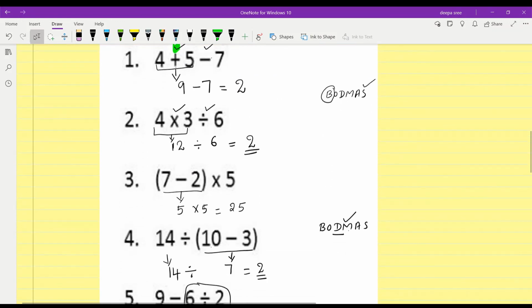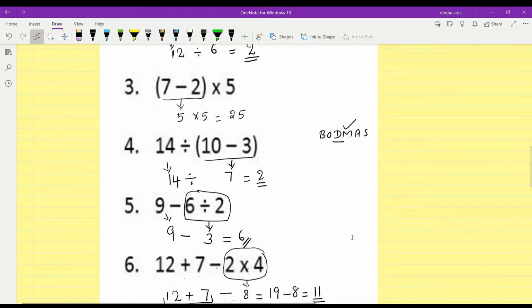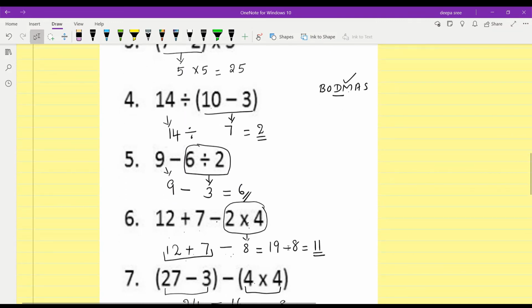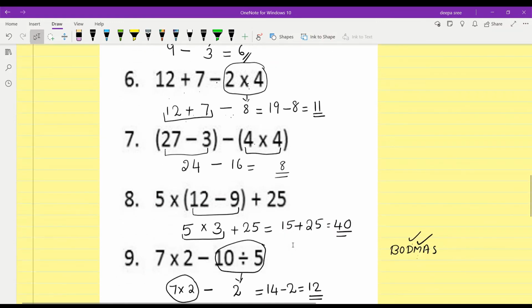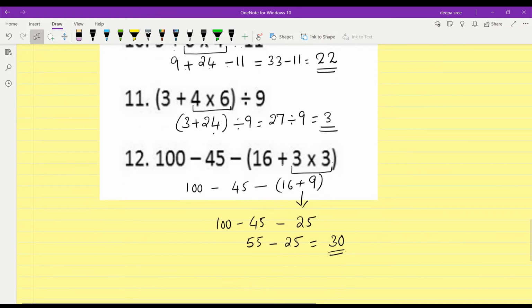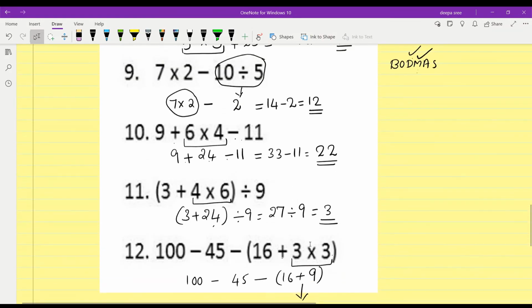If there is a bracket, then you have to go through bracket simplification. In bracket also you should follow the BODMAS rule. And afterwards you have to remove the bracket, and after simplifying all the numbers inside the bracket, then you have to simplify with the other numbers which are there in the question. So always if you follow this method, you will not make mistakes in solving the problem.